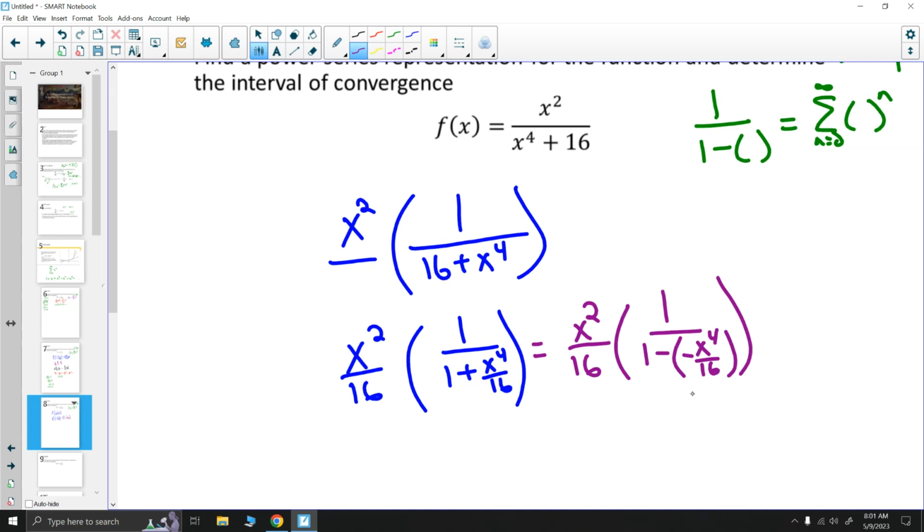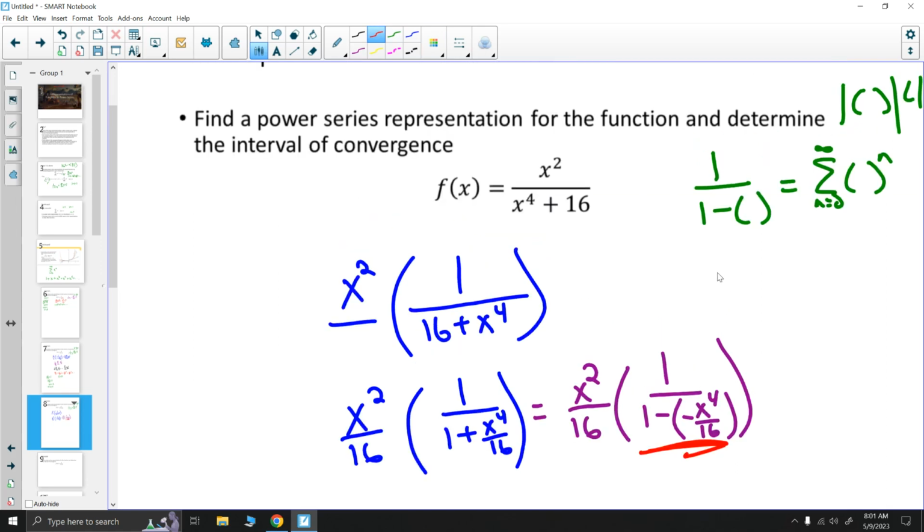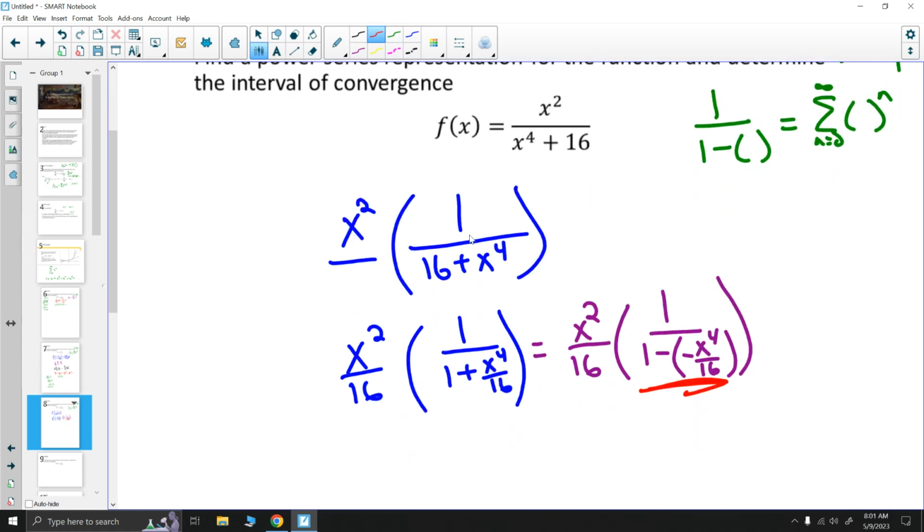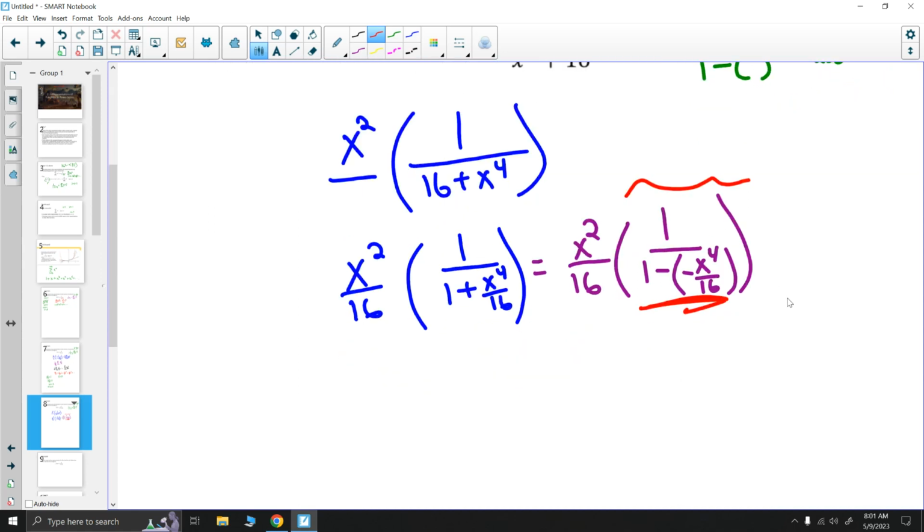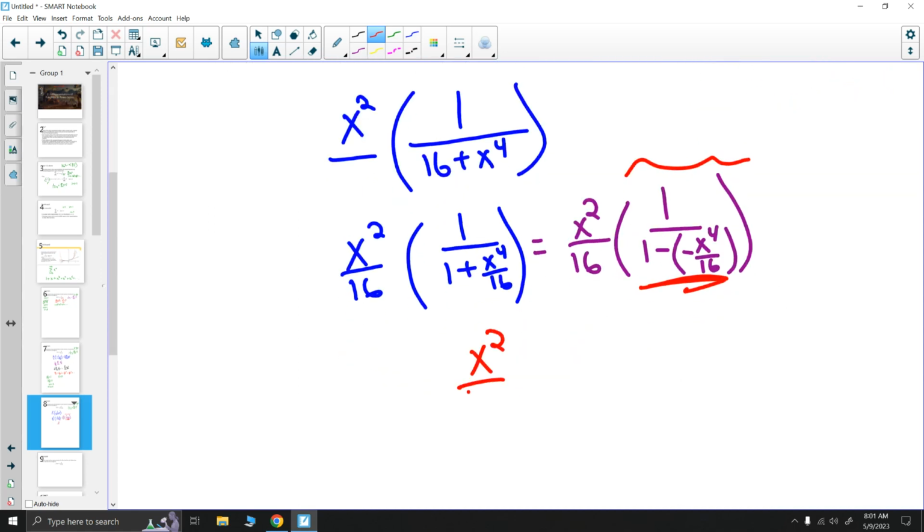It doesn't really matter at this stage. All right, so this now is of the form that we want. So what we're saying is that this function is equal to this thing times this, and this right here can be written as the sum. So basically we have x squared over 16 times the sum, n equals 0 to infinity, of the thing inside our parentheses, negative x to the 4th over 16, to the n.